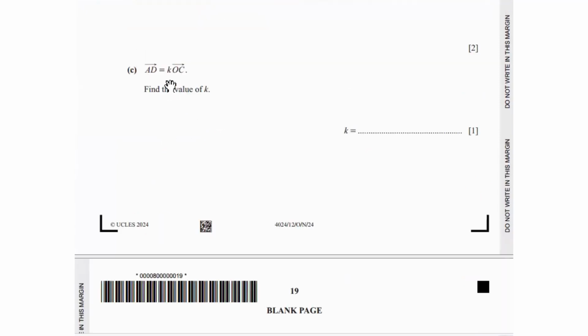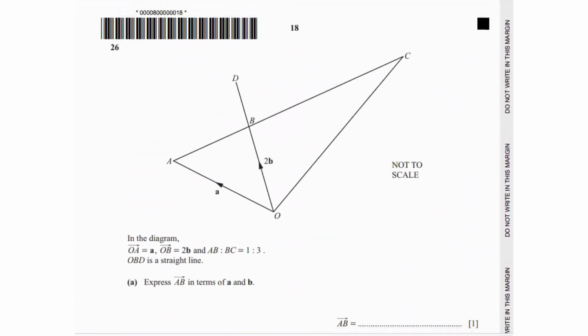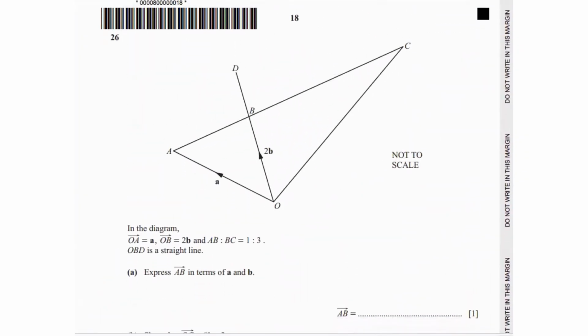Part C, it says AD equals k times OC, find the value of k. Now, if you notice, OB lies on OD, which means OD is some multiple times OB.